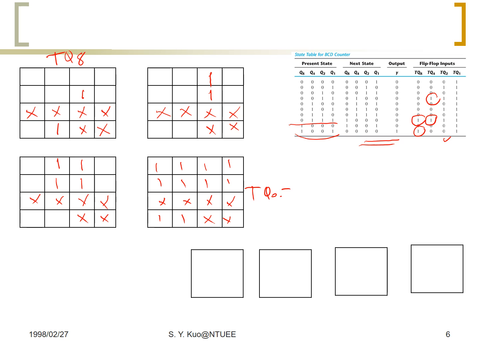TQ1 is equal to 1, and we can derive TQ2 here, and TQ4, and TQ8, and finally, we can say this is Q8, this is Q4, Q2, and Q1, and this is the clock here, all connected to common clock.